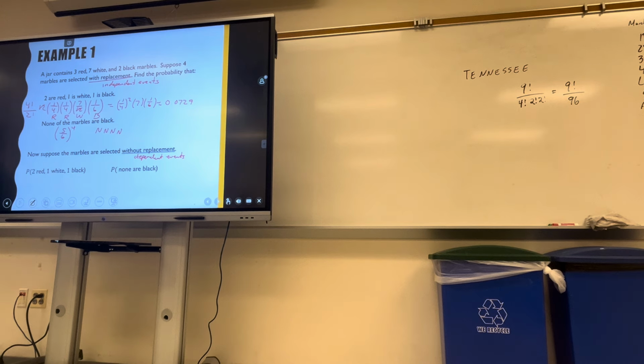That's what dependent events is, right? One event happens, you pick a marble, whatever outcome that is, whether I get a red, a white, or a black marble. When I pick my second marble, the probabilities of each of those outcomes is now different because one of those marbles was taken out. So when one event's occurrence changes how likely other events are to happen, that's when you have dependent events.